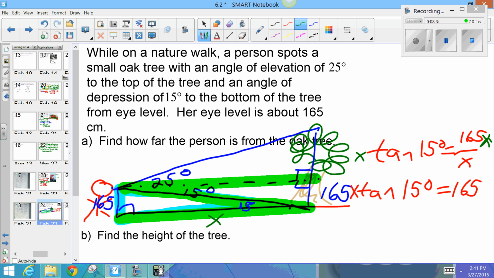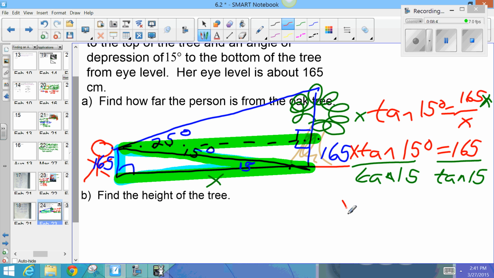Divide both sides by tangent 15. So x equals 165 divided by the tangent of 15.